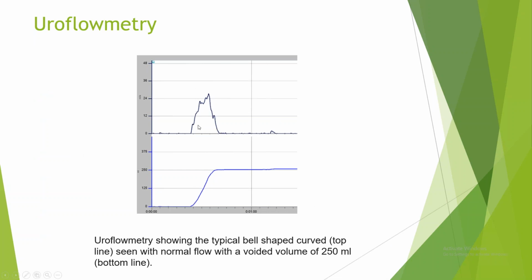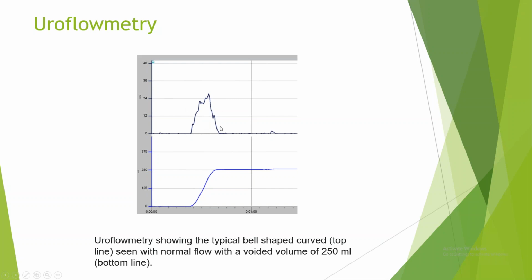It is not symmetrical, but this is the volume voided, and we can take this bell into consideration only when the voided volume is more than 200 ml. If the volume voided is less, the graph is not representative of our voiding functions. So the voided volume should be at least 200 ml so that we can interpret the graph.